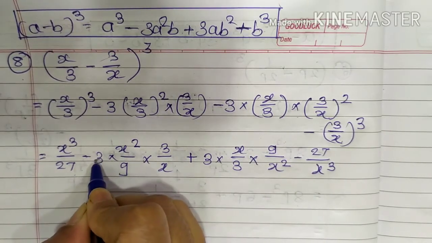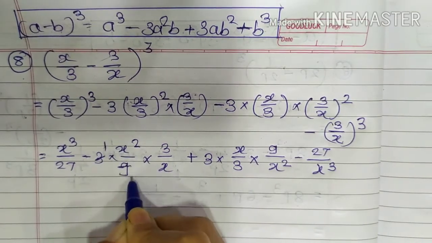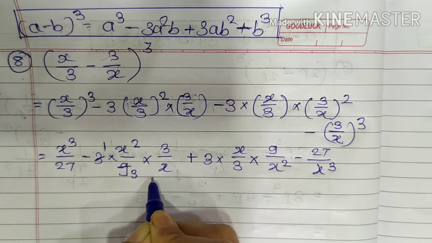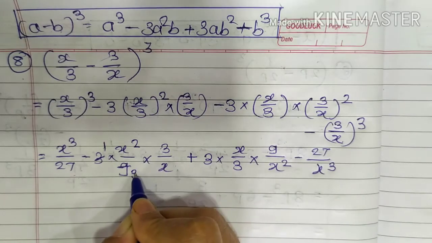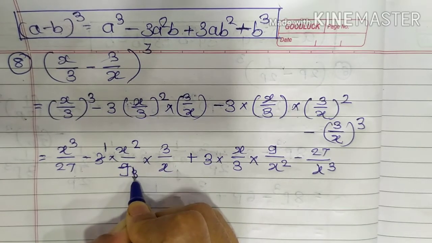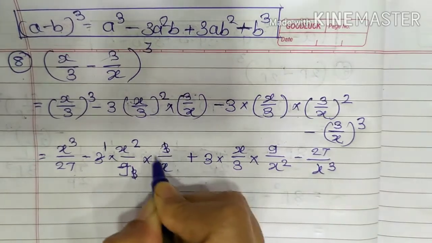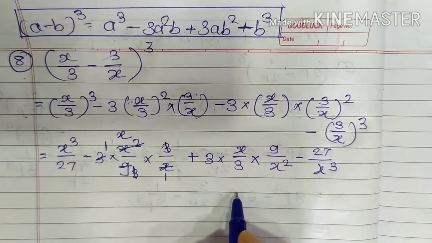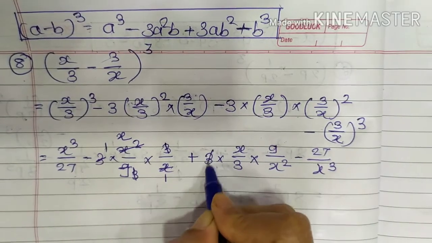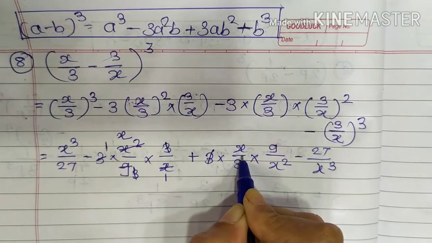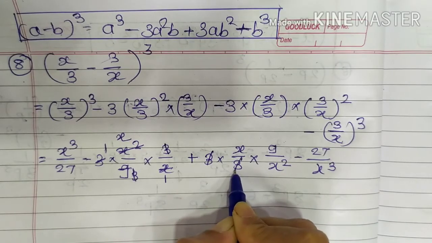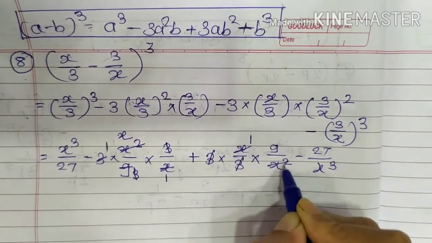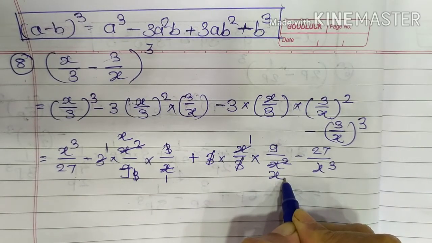So 3 ones are 3, 3 threes are 9. Again this 3 and this 3, x ones are x, here only x remains. Again 3 and this 3, x ones are x and here only 1 x remains.